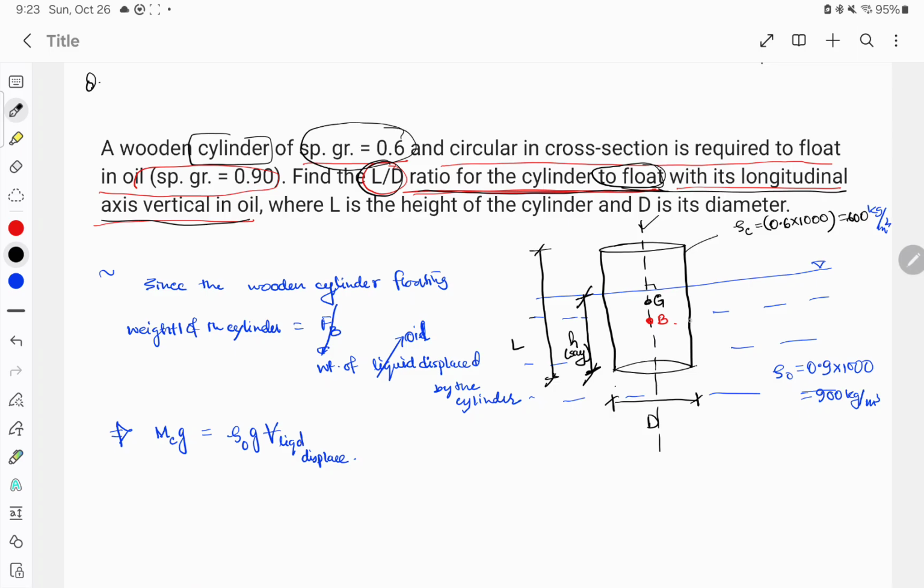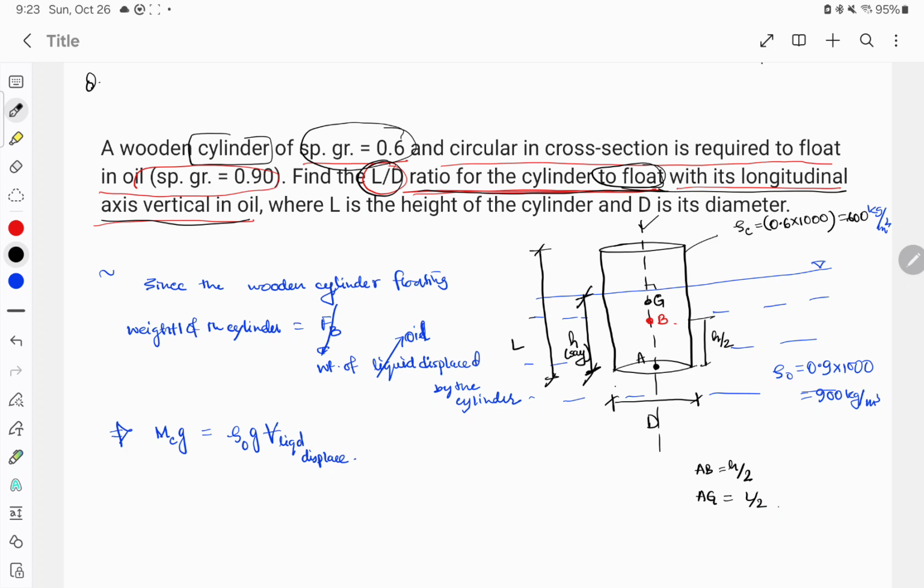So the buoyant center will be at h by 2. Let us give this point a name A. So AB is h by 2. What is AG? AG is capital L by 2, isn't it?